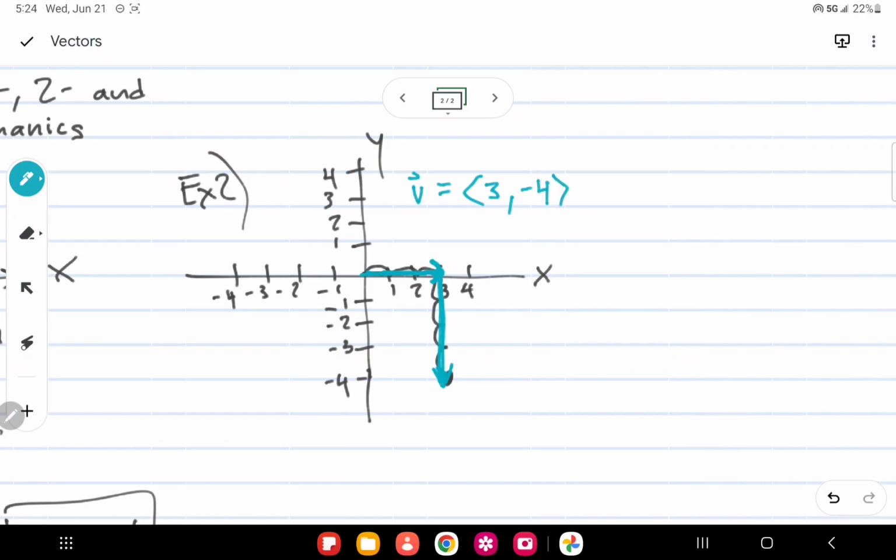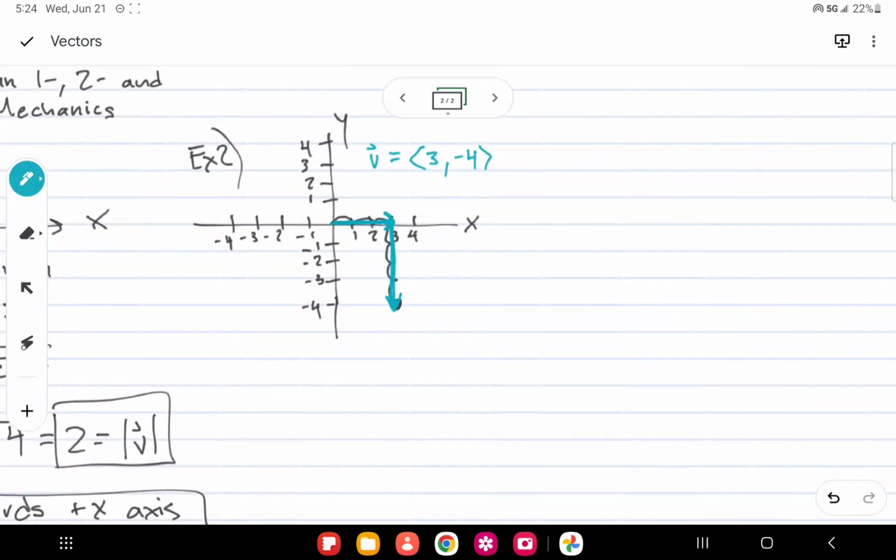So that is the vector that they give us, and the question is, what is the magnitude of v, also known as |v|? Okay?